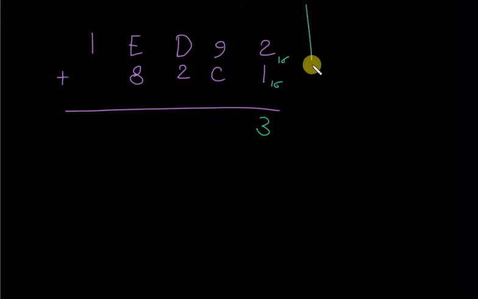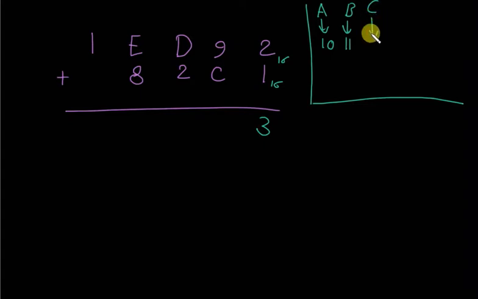Let's first put the values of each one of those letters here. So if we have A, that means it's a 10. If we have B, that means it's an 11. C is 12.